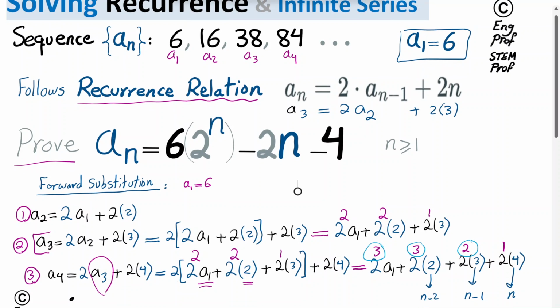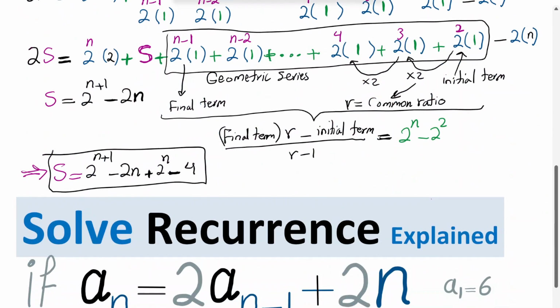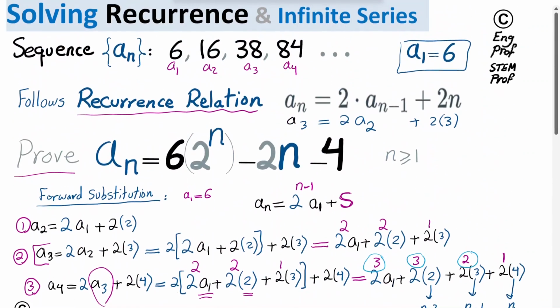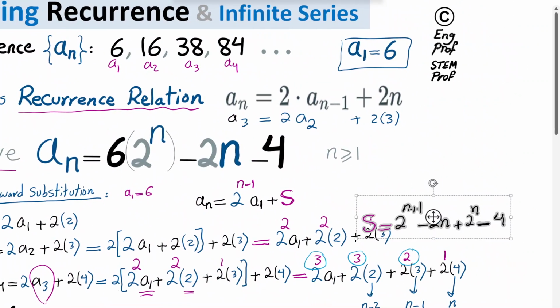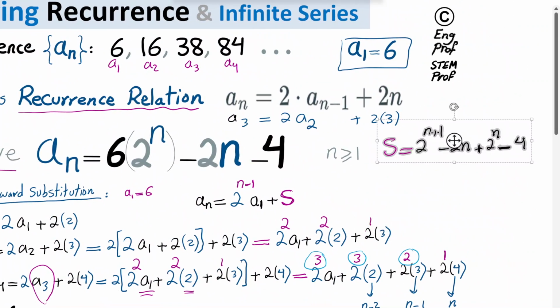To be able to see it, I'm going to copy paste it here right on top. So we know a_n is 2 to the n minus 1 times a_1 plus s. But then we just found this. So I'm going to copy paste this value we just found here, and I'm going to use it.